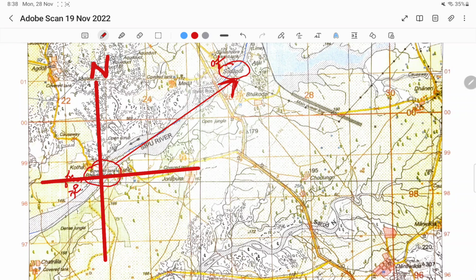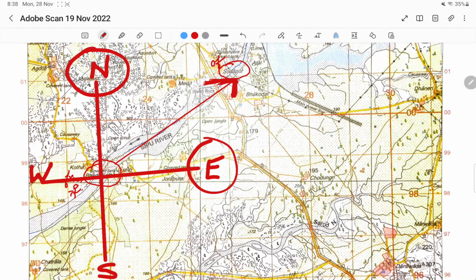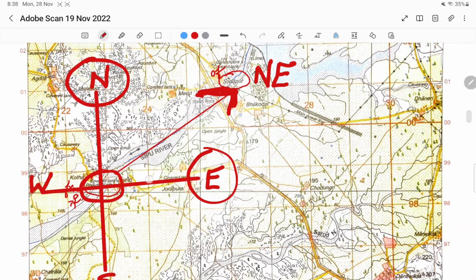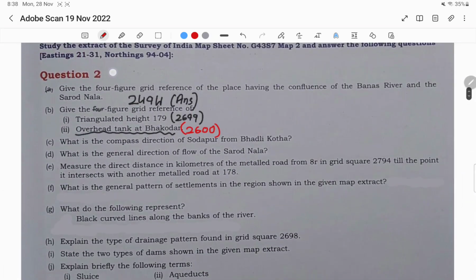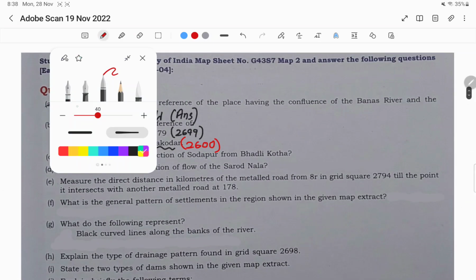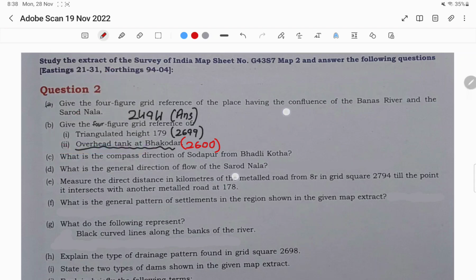So this will be north, south, east and west. As you can see students, it is coming just in between north and east. So the direction of Sodapur from Bhadli Kotha will be northeast direction. Alright, so the next answer will be northeast.